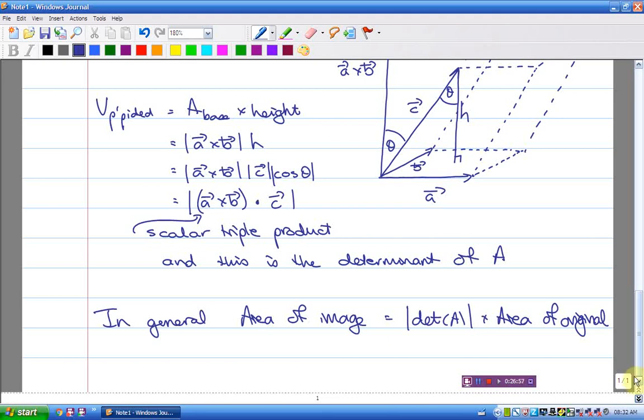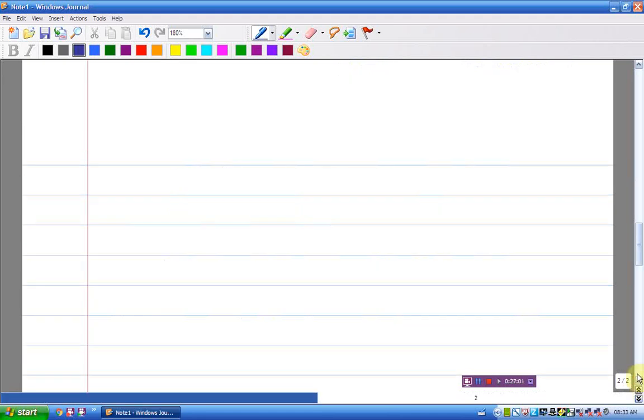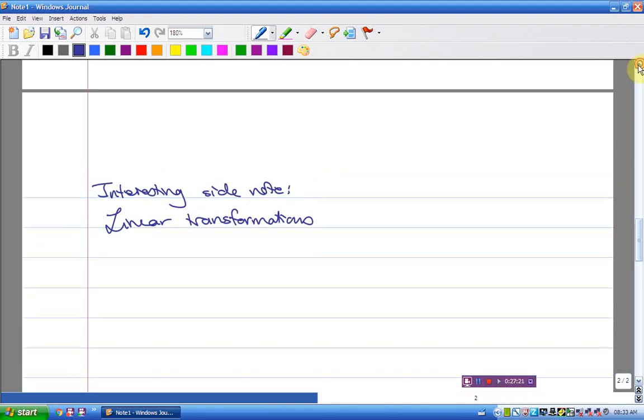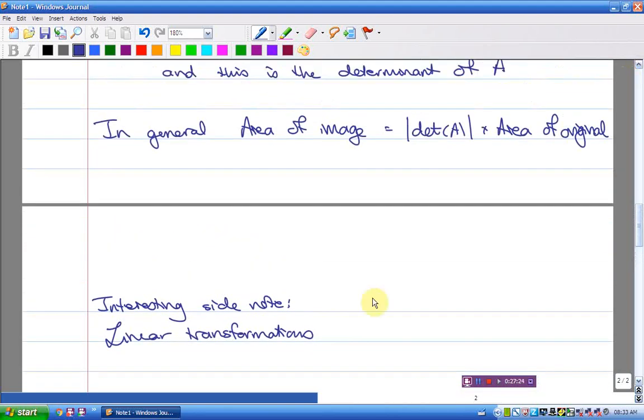Let me write down something that I've said verbally but haven't actually written down. Interesting side note. Linear transformations maintain the parallel property. Maintain isn't the best word.